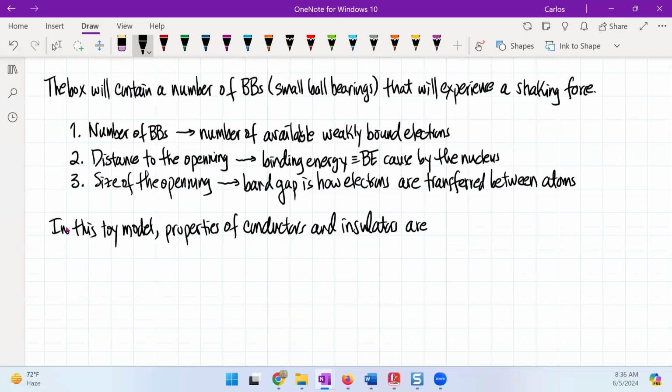So I need to list the number of available electrons.